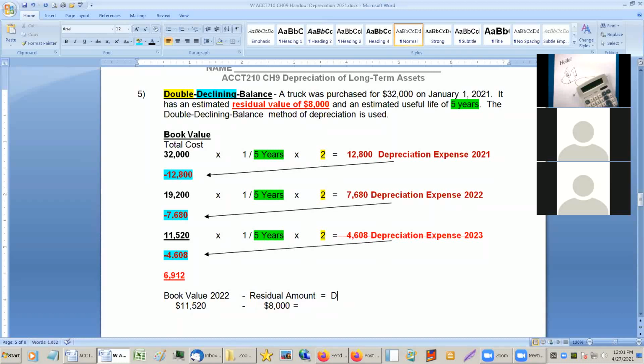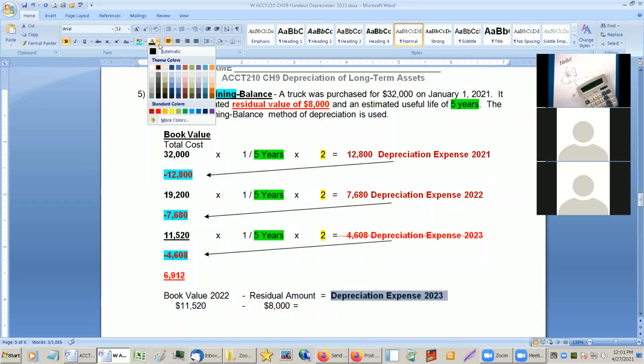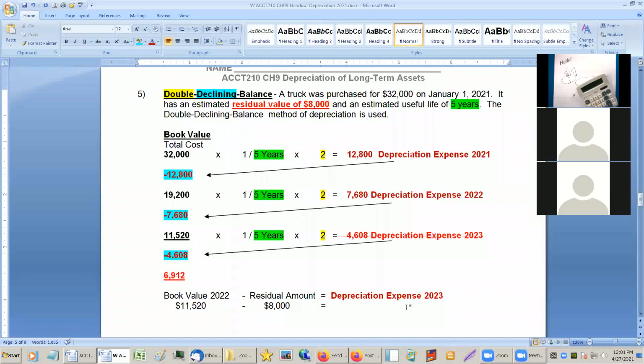All right, so this will be the depreciation expense in 2022. So 3,000.